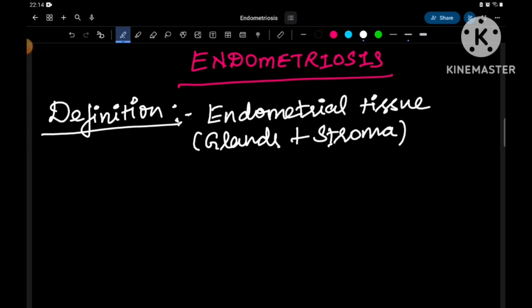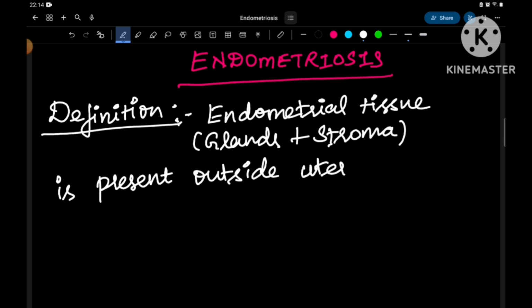This endometrial tissue is present outside the uterine cavity. Endometrial tissue which is present outside the uterine cavity is endometriosis. This condition is endometriosis, right?